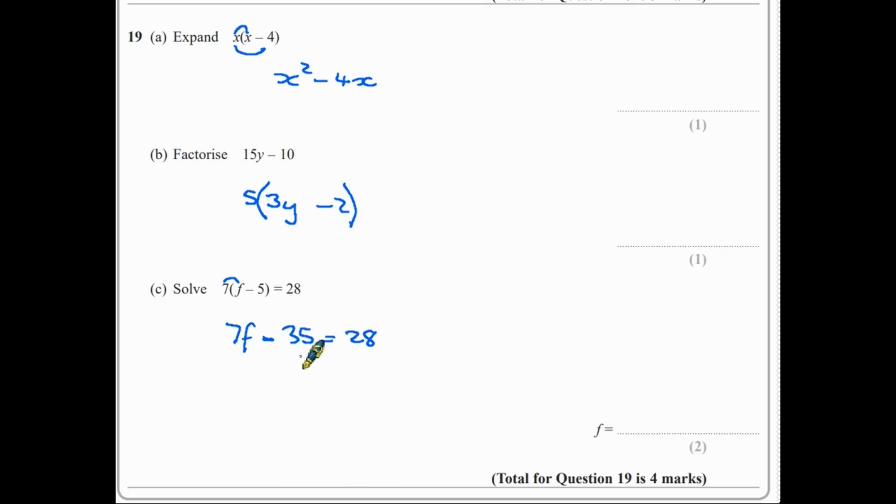I'm going to add 35 to both sides, so I end up with 7f equals 28 plus 35. So 7f equals 28 plus 35 is 63. Rearrange that, f equals 63 divided by 7, so f equals 9.